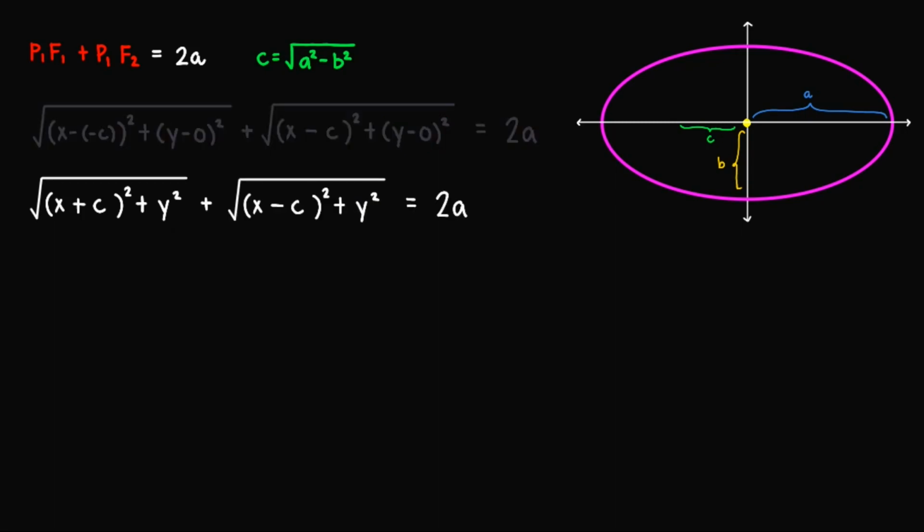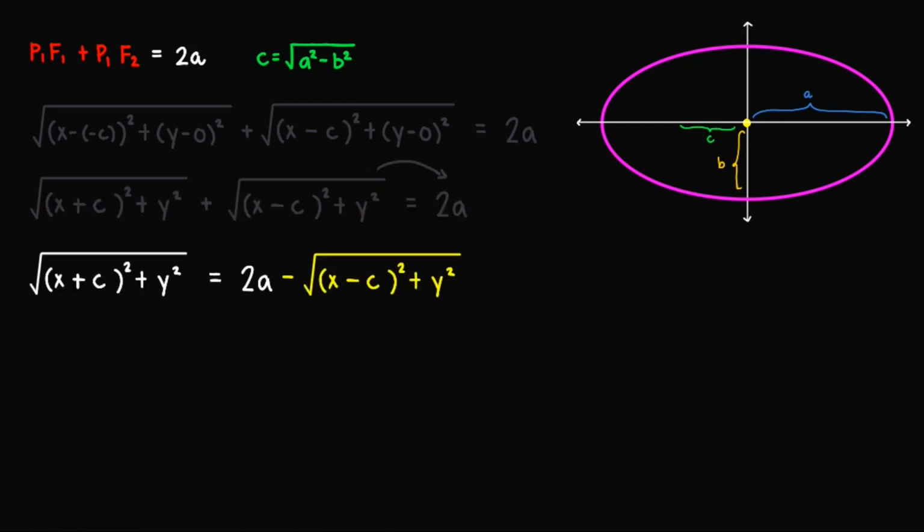So we have this. And from here, when we are given two radicals, the usual strategy is to isolate one first and then square both sides. So we'll be doing that. So let's move this radical to the right to obtain this one out here. And then let's square both sides.